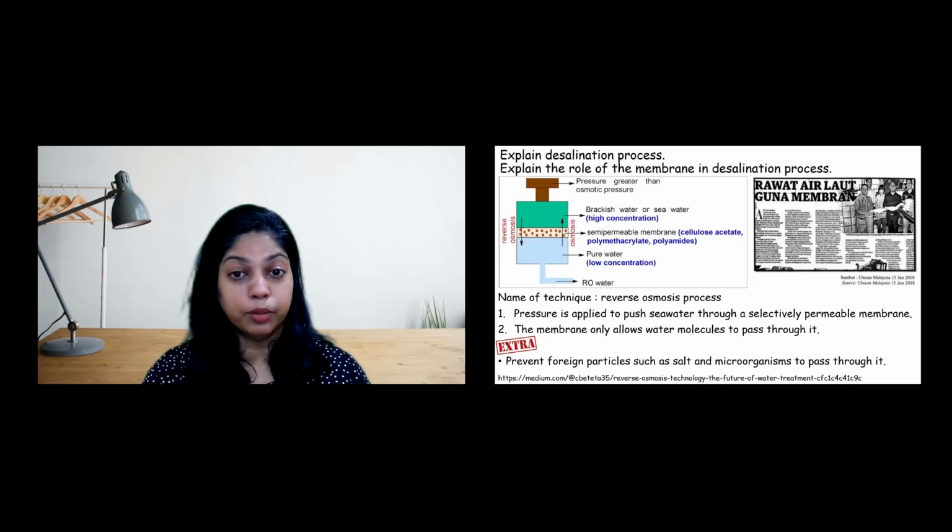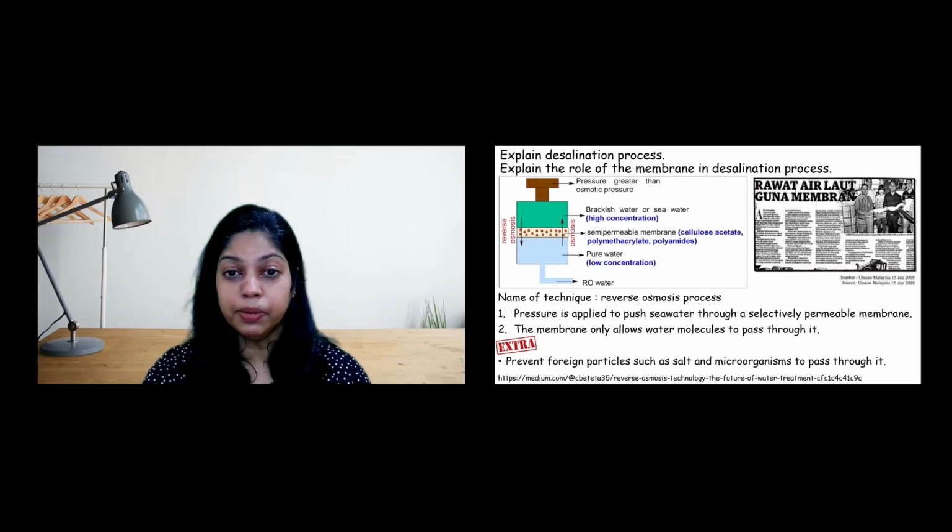De means remove, saline means salt, ation means process. So, desalination means the process of removing salt. In this process, pressure is applied to push seawater through a selectively permeable membrane.